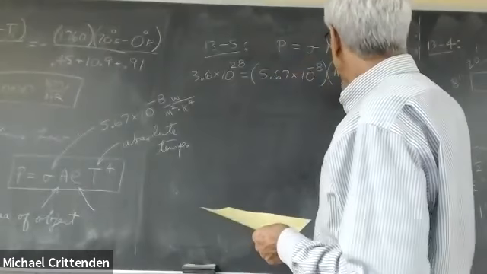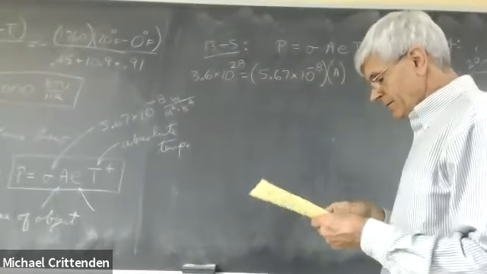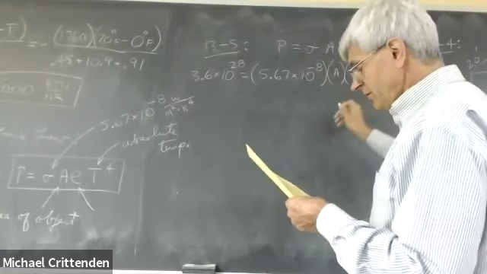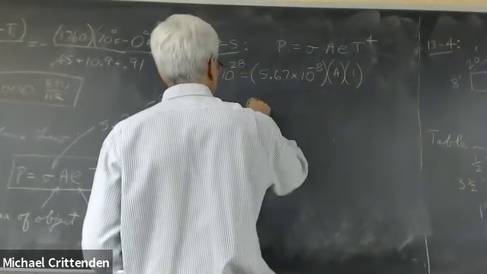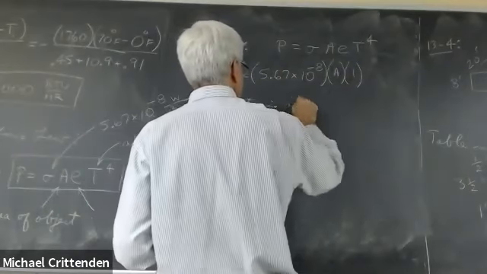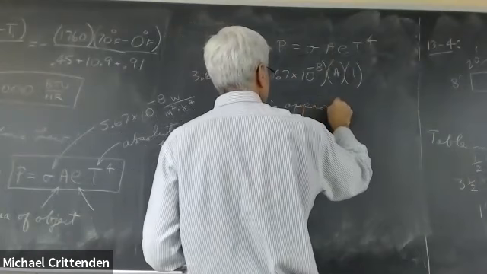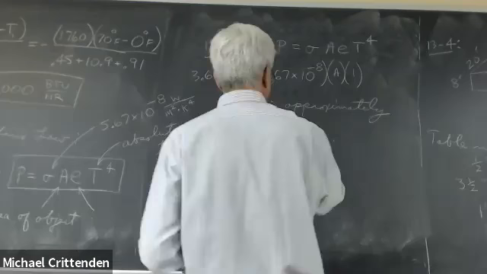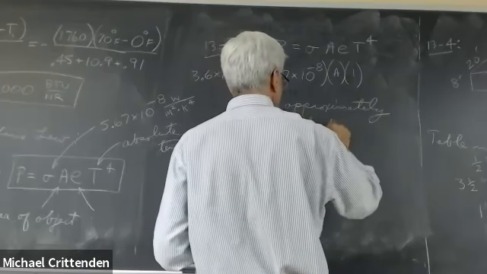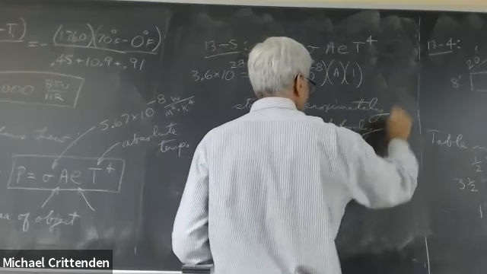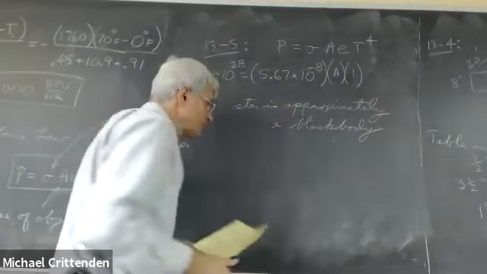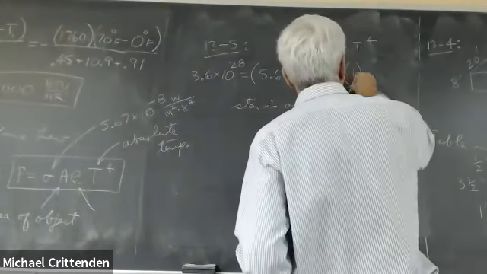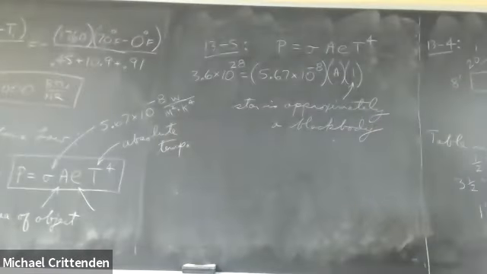So I meant to fill that in for P. This goes in for sigma. A is the area of the star. I'm going to try and solve for that. The emissivity for a star is approximately a black body.